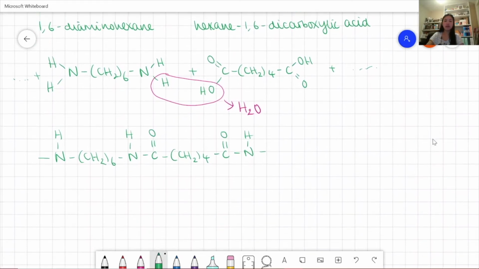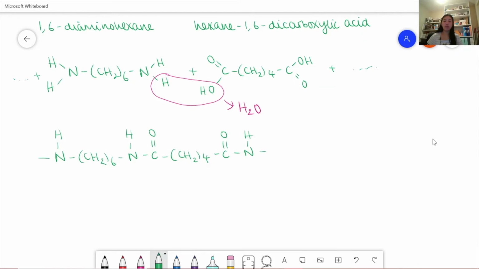And so from this we can see the repeating unit. So if we start here, again we scan through and see where it repeats again. And so this would be our repeating unit.